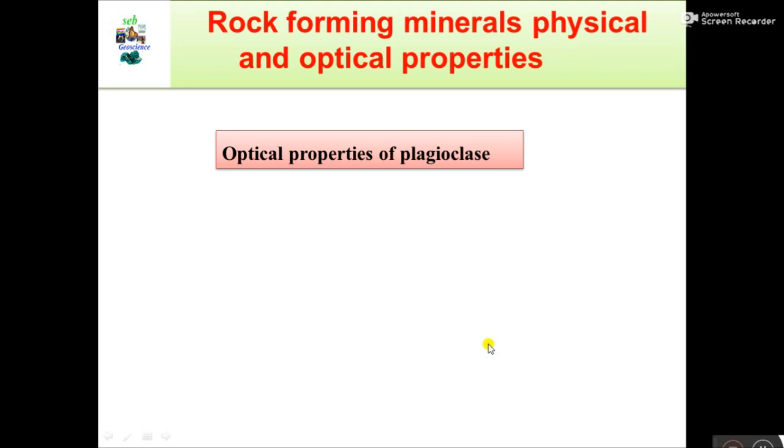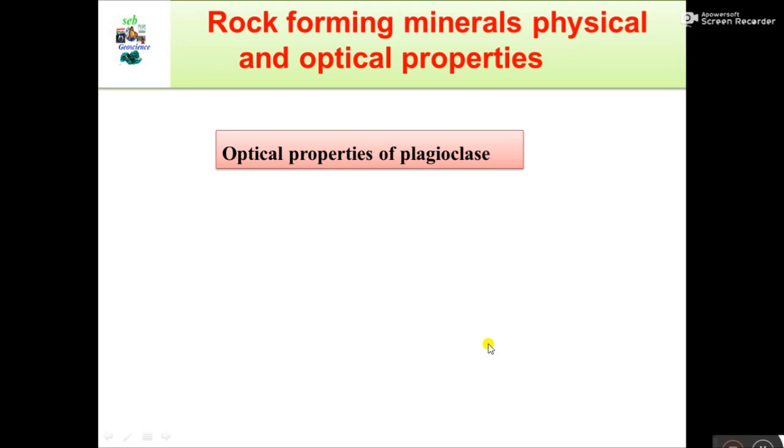The second, more accurate identification of plagioclase is by optical properties. Minerals can be determined in three ways: using physical properties, using optical properties, or the third one, geochemistry.